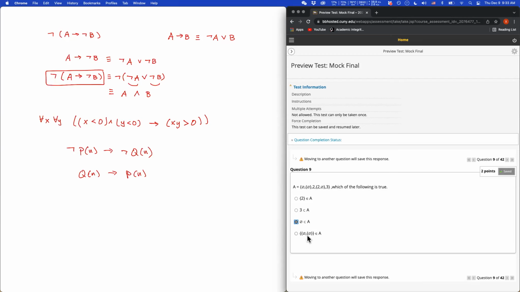You don't have an element with this choice. In fact, the bracket here is not even matched. So the answer is this one: the empty set is a subset of A.